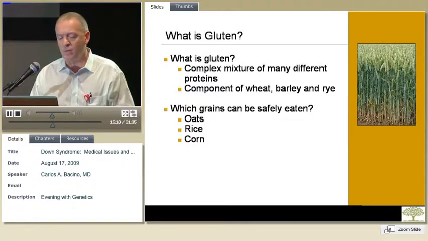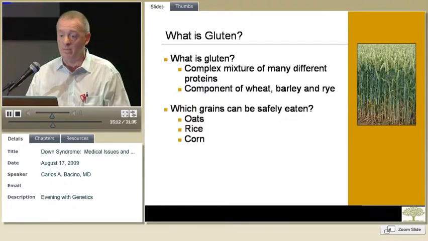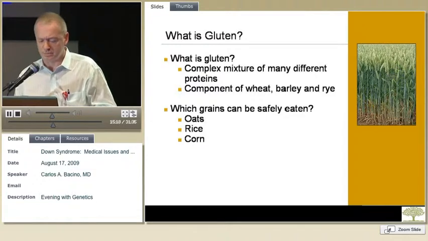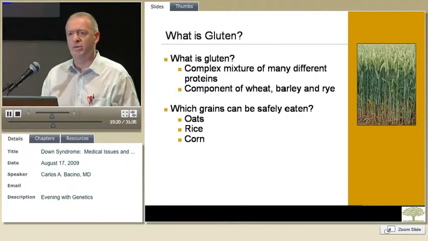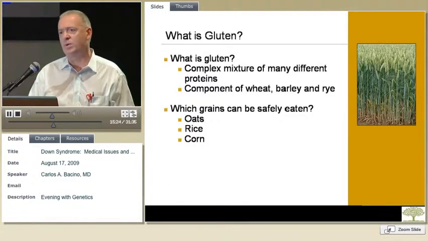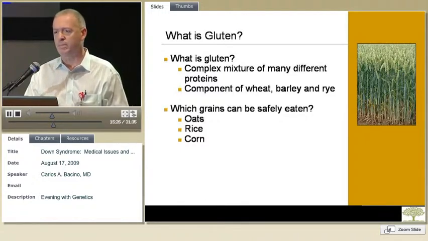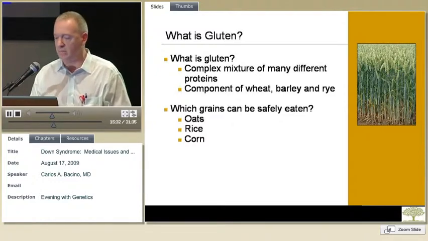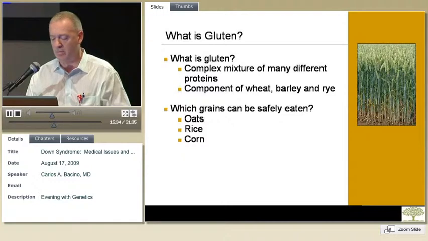Things like wheat, barley, and rye all have gluten. Other things can be safe, like oat, rice, and corn, although there may be an issue with contamination. But once you identify that there is a problem with celiac disease related to gluten, the diet can be changed and the problem can be significantly improved.